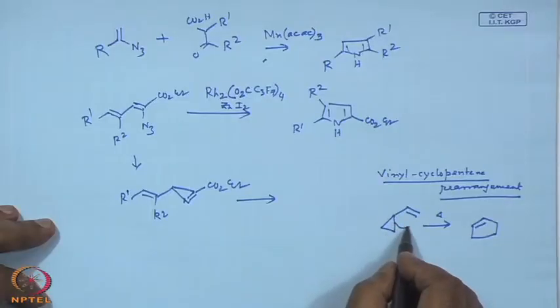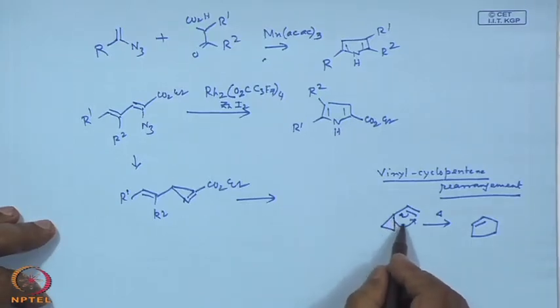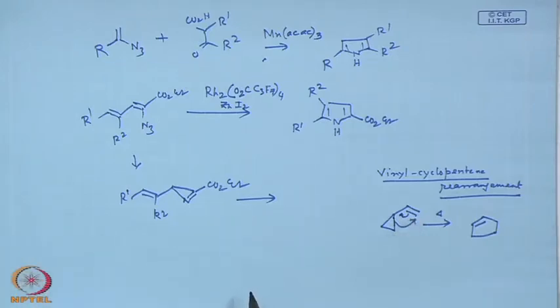I should not say not allowed, it is not favored, that will be bad. But what you see here is a formal 1,3 shifting, normally 1,3 shifting, which is often seen in photochemistry. Okay. So, you just basically shift this sigma bond to here, 1,3 shift of sigma bond. So, that is what I mean.